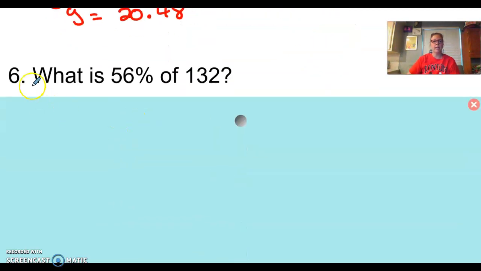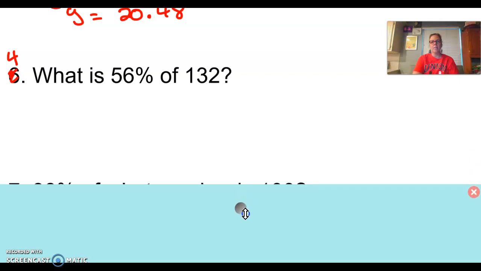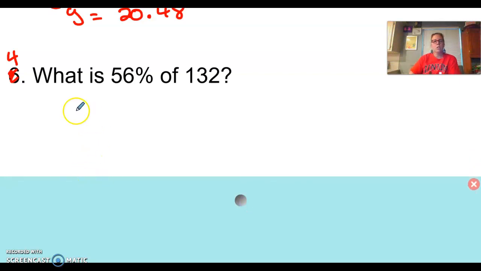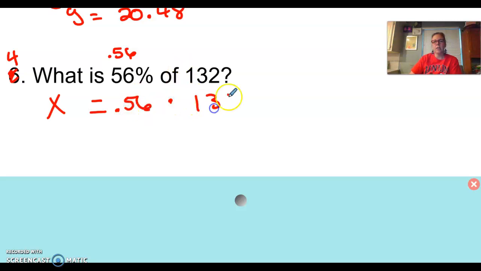All right, so this is actually number 4. What is 56% of 132? So what is our question? So that's our variable. Let's make it an x this time. Is equals. Remember, this is going to become 0.56. Of is multiplication, 132.